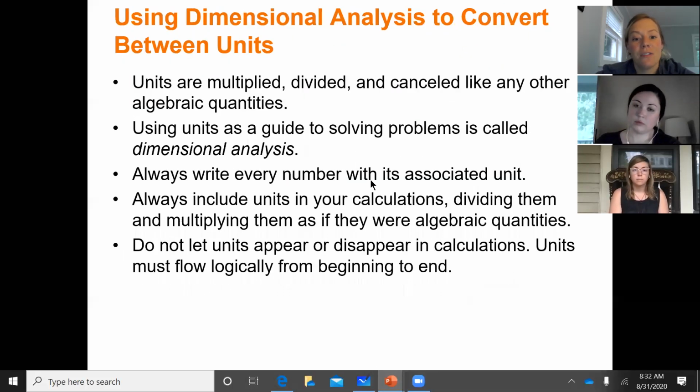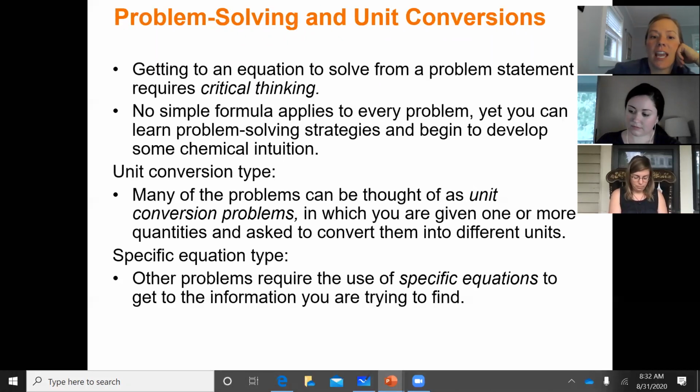So what is critical thinking? Critical thinking is your mind's ability to look at a problem and figure out what to do with it. I can't teach you critical thinking, but it is something that can be strengthened, just like any muscle in the body, or if you're playing the guitar, that mind-body connection strengthens over time.